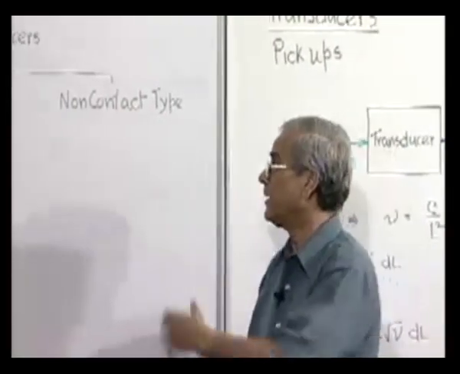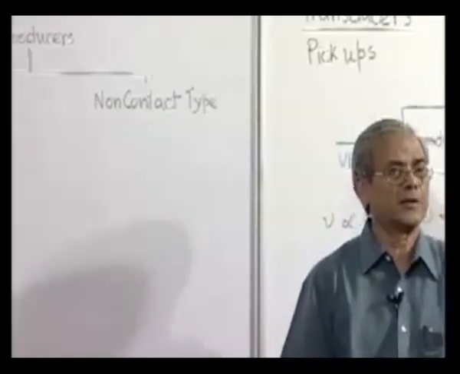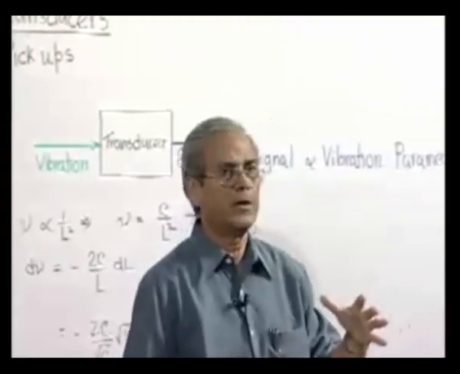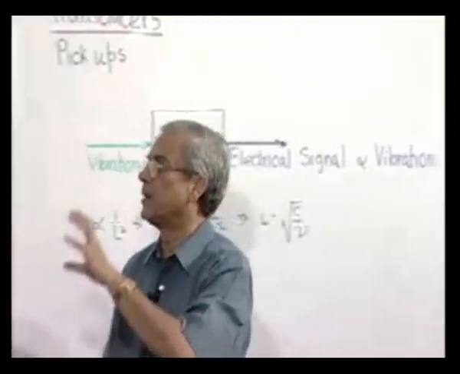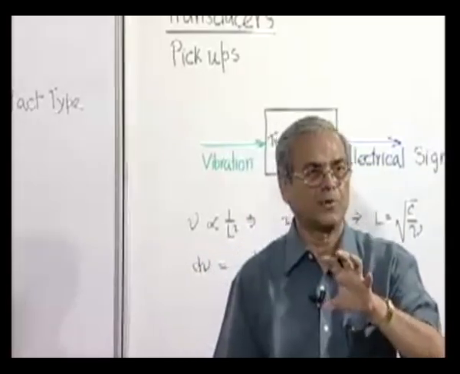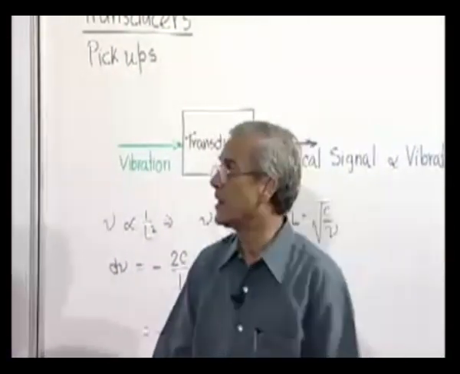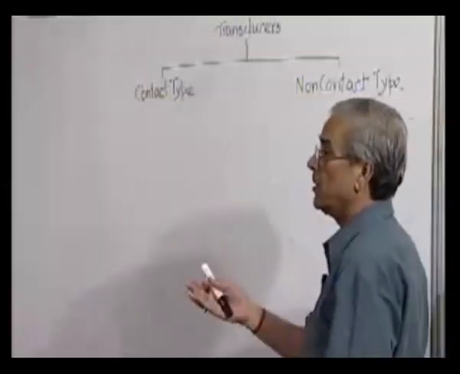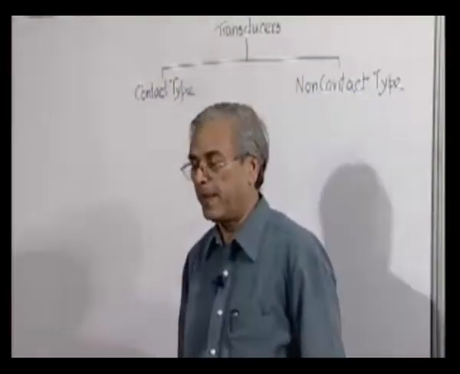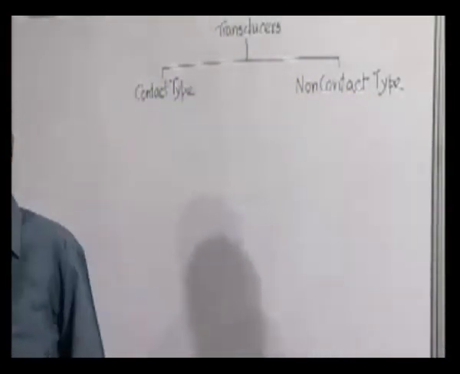On the other hand, for very delicate systems, very light systems or flexible systems, we cannot attach a pickup to that because the system's natural behavior is going to change. In such cases, we try to sense the vibration through a non-contact type pickup. And obviously, the limitations also come.